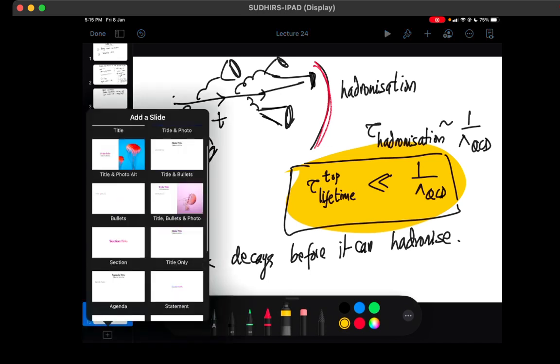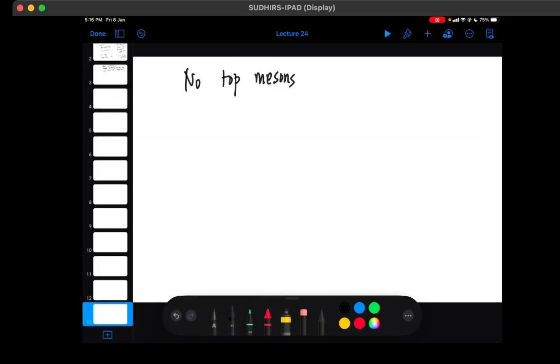So the end result is no: we don't have top mesons, no top baryons. Top is such an interesting particle.